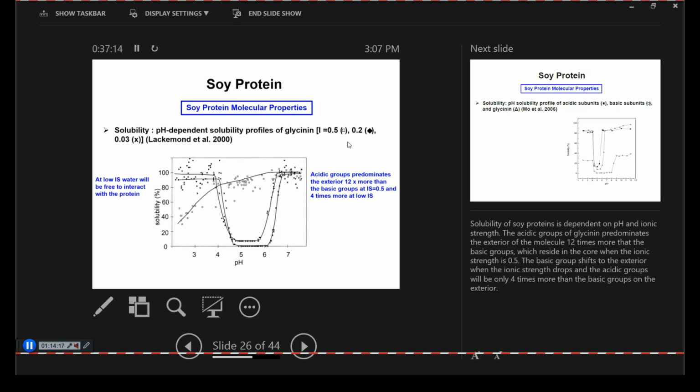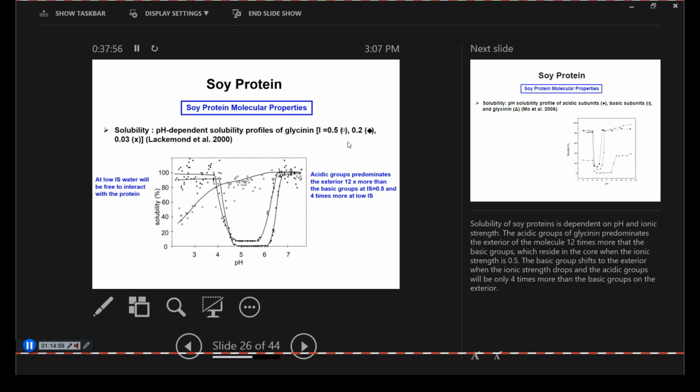They did several tests, and they determined that in the glycinin fraction, there's the acidic subunit and the basic subunit that forms the monomer. The acidic subunits are more hydrophilic than the basic subunits. Under the conditions of 0.5 ionic strength, they are 12 times more on the surface of the oligomer than the basic groups.